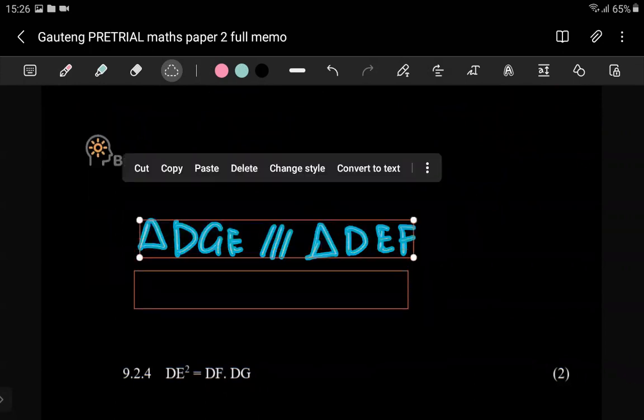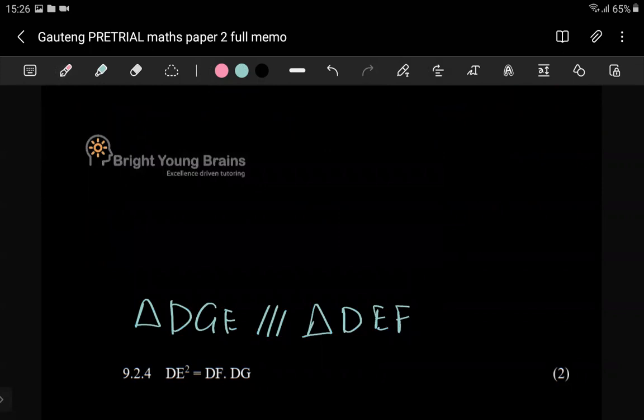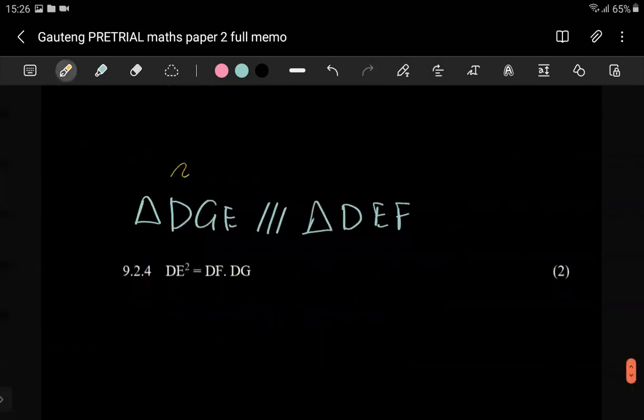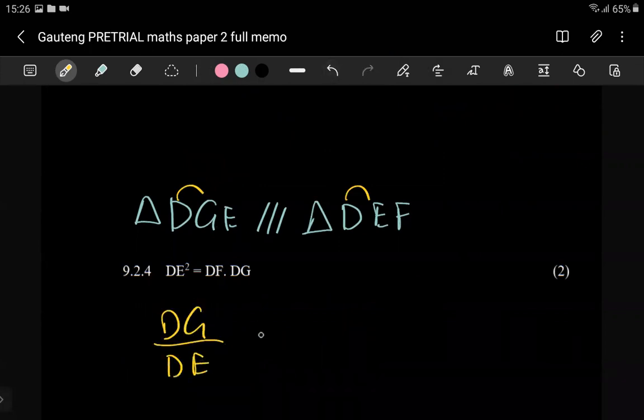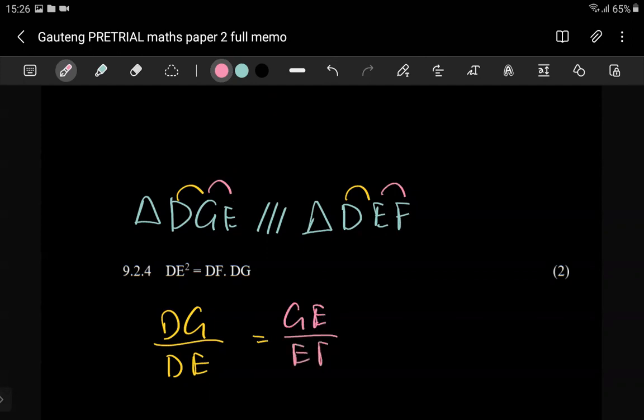Since your triangles are similar, you know that DG over DE is equal to GE over EF, and this is equal to DE over DF. The reason here is the proportionality theorem.